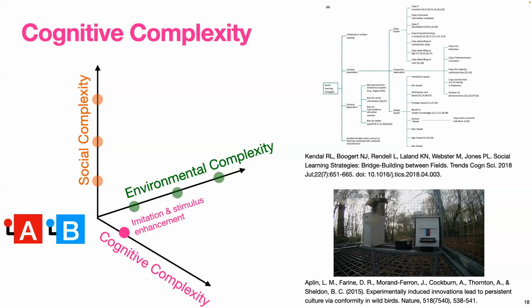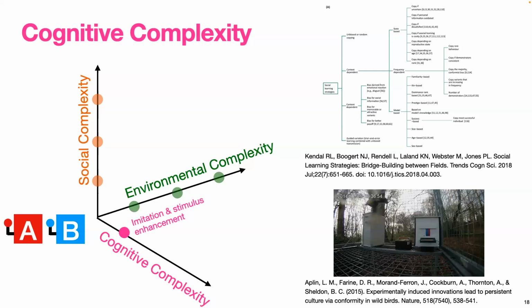As I said, this whole range of social learning strategies might require different levels of cognitive processes, or perceptual, cognitive, decision-making processes. This is why we think cognitive complexity is also a key dimension here. The simplest one could be imitation or local stimulus enhancement mechanisms.